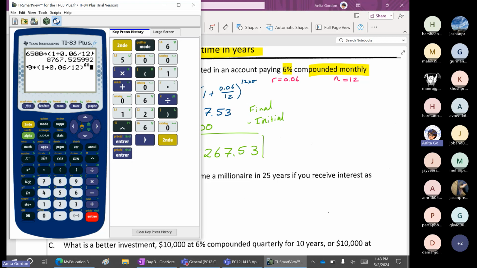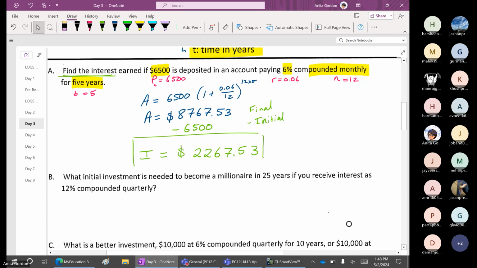Okay, I'm moving on to example B. In example B, we are going to be asked to work backwards. It says, what is my initial investment if I want to be a millionaire after 25 years, receiving a rate of 12% compounded quarterly.